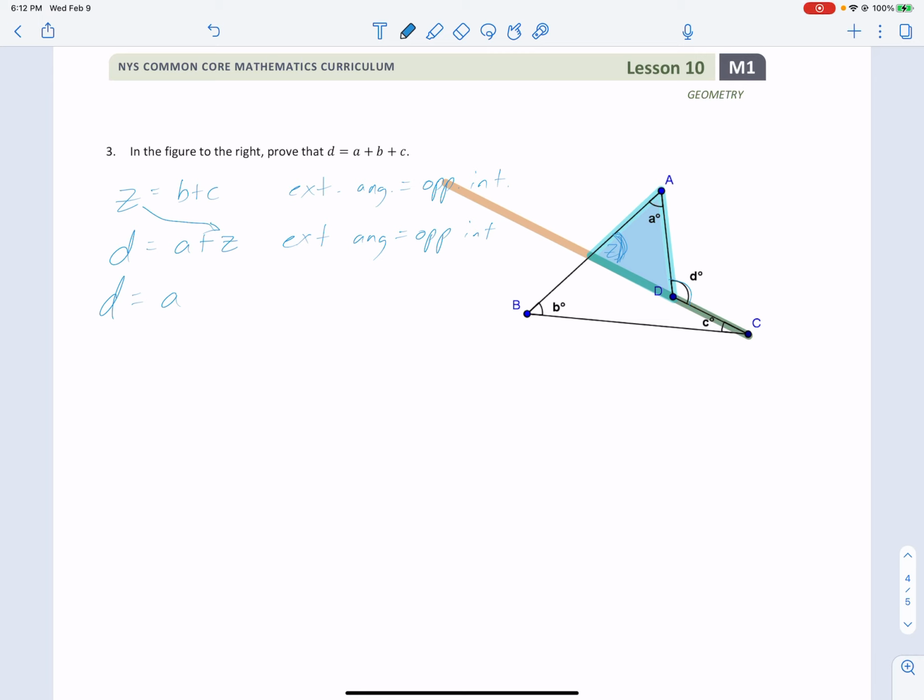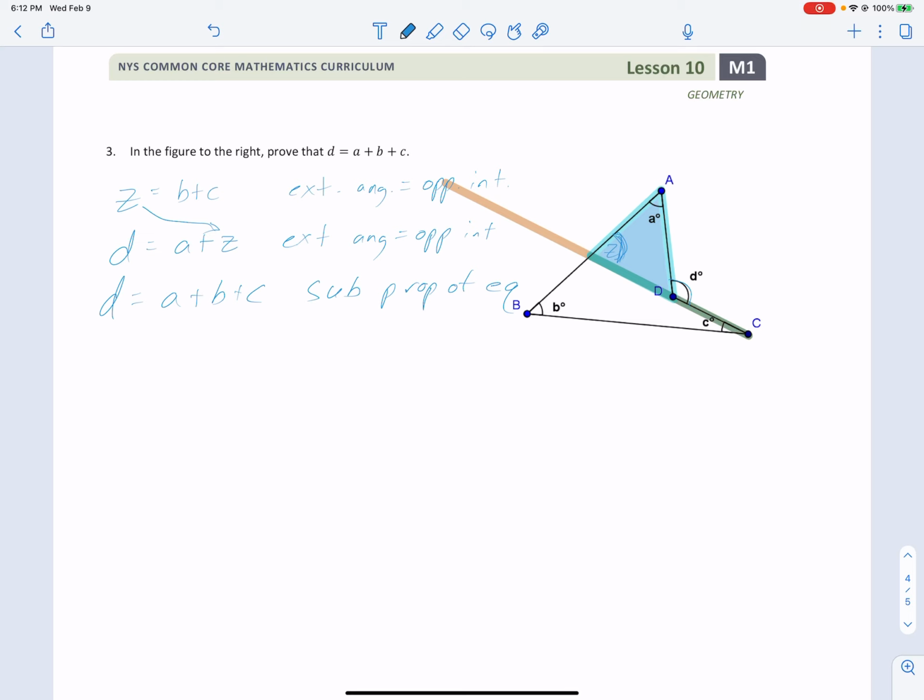So we want to use the word substitution to make it easier for other people to understand us. So instead of writing Z here, I can write B plus C. That is the substitution property. And that's it. Look at that.